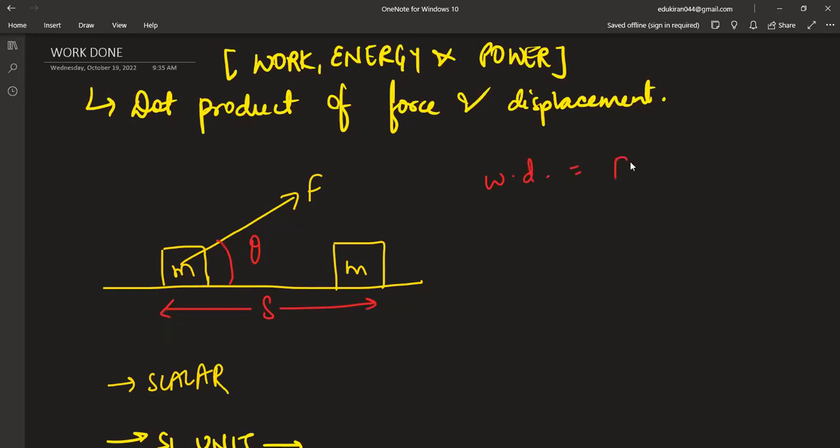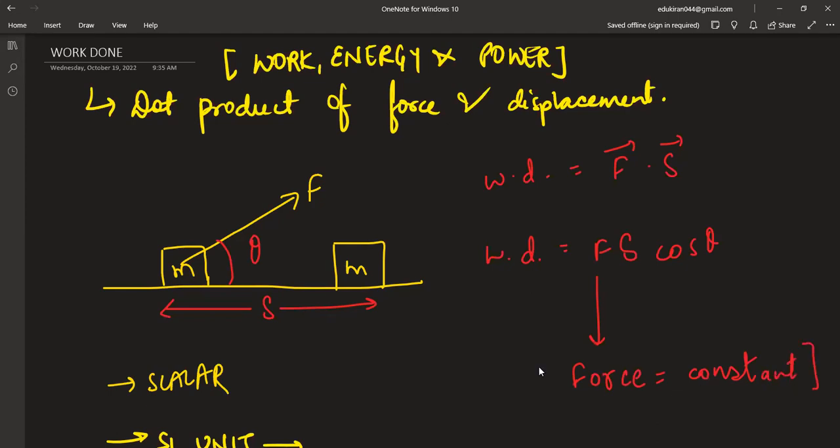What have we studied in dot product? Magnitude of force, magnitude of displacement into cos theta. F s cos theta. This is the condition where your force is constant. If there is a variable force, that I'll tell you separately.